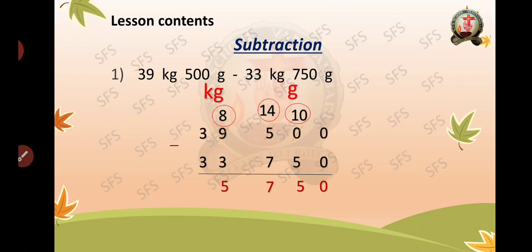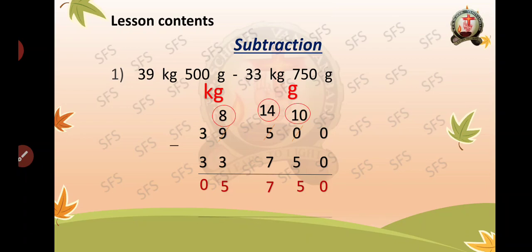If you subtract the same number from the same number, the answer will be 0. Whatever the number may be, for example, 100 minus 100, the answer will be 0. Here 3 minus 3 is the same number, isn't it? So 3 minus 3 is 0.